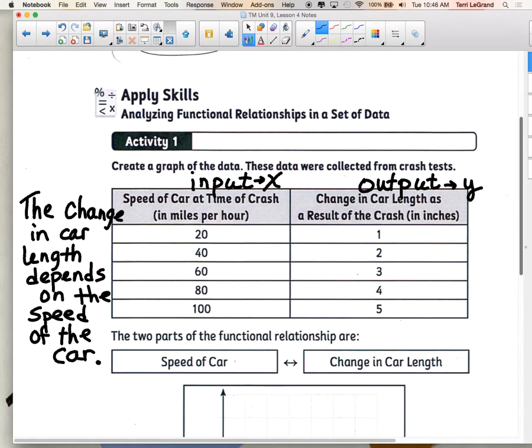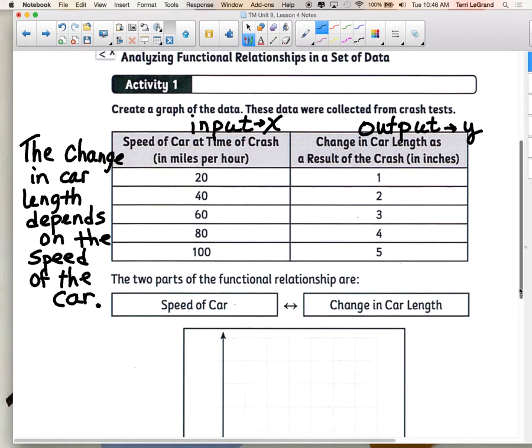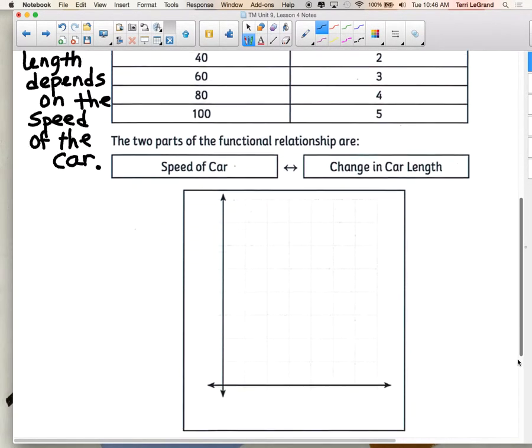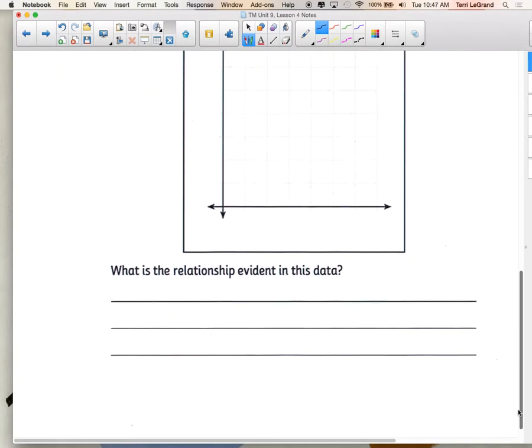So that means when we go down here to our graph, we are going to label the x-axis as the speed of the car, okay? Because that's our input, that's our x value. Speed of car. But because speed can be measured in different ways, we have to show you and other people who look at your graph what it's measured in.